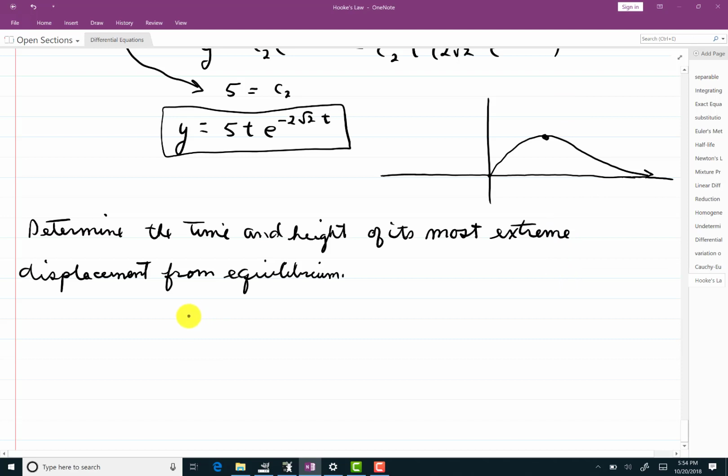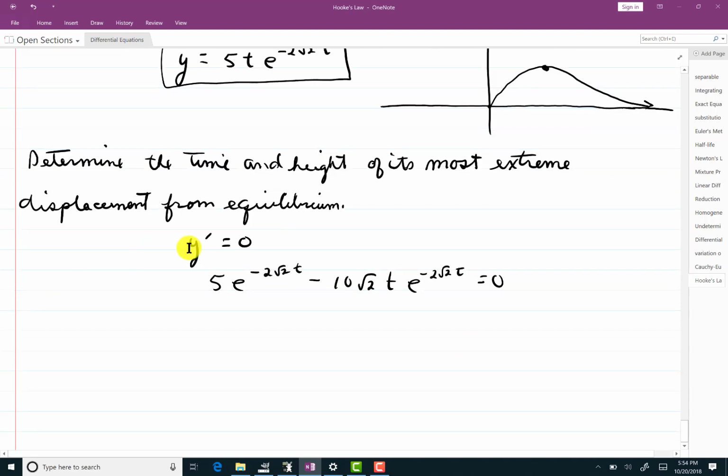So we'll set y prime equal to 0, and y prime is 5e to the negative 2 radical 2t minus 10 radical 2 t e to the negative 2 radical 2t equals 0.